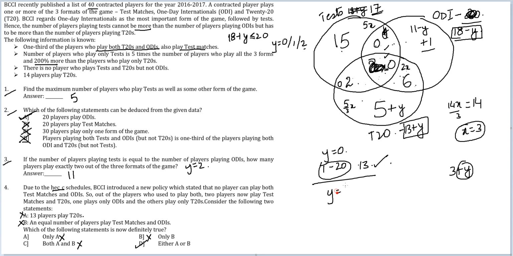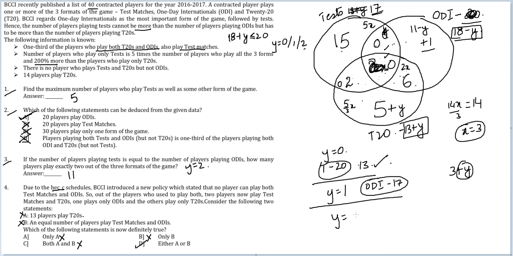When y is equal to 1, what would happen? Equal number of players playing test matches and ODI. I would get T20 would be 13, so the first part would be true. When y is equal to 1, ODI would be 17. This part is also true.